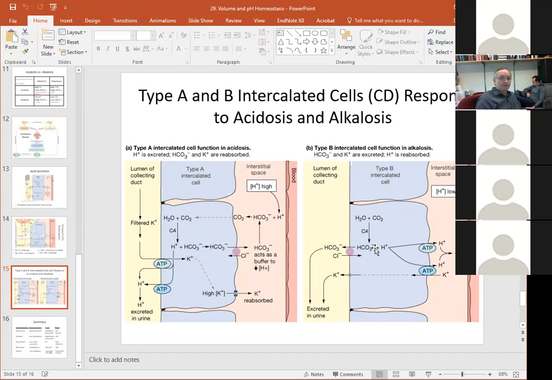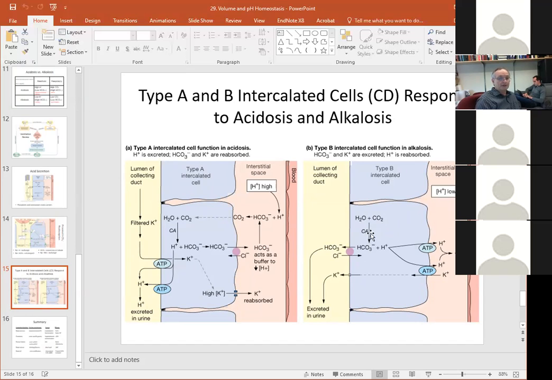Notice that this would have the effect of excreting bicarbonate. Think of bicarbonate as a base. The bicarbonate is being excreted in alkalosis when the extracellular fluid is too low in hydrogen, too high in bicarbonate.